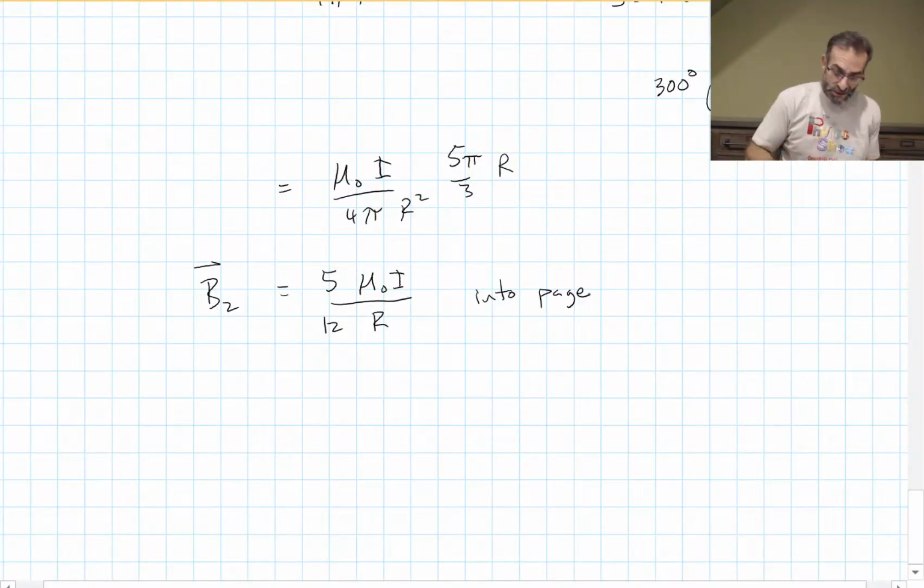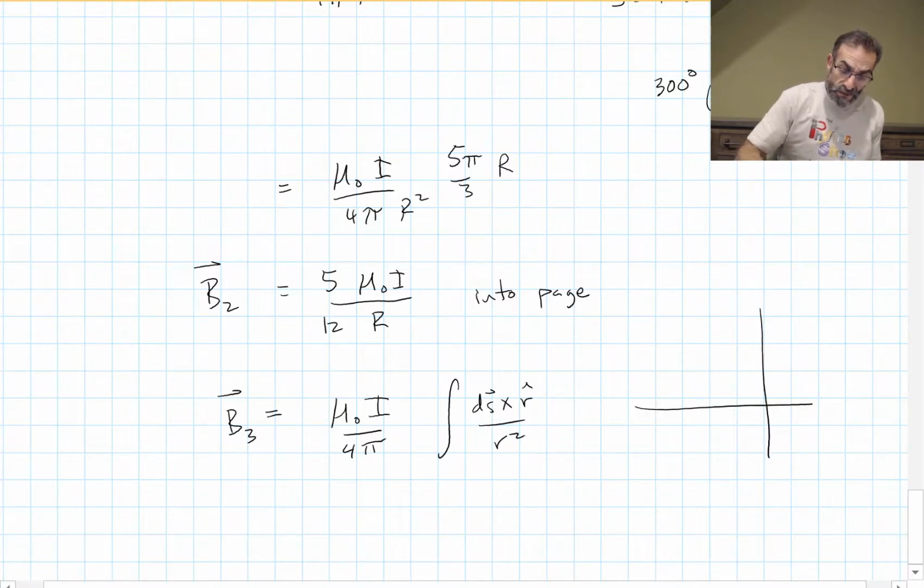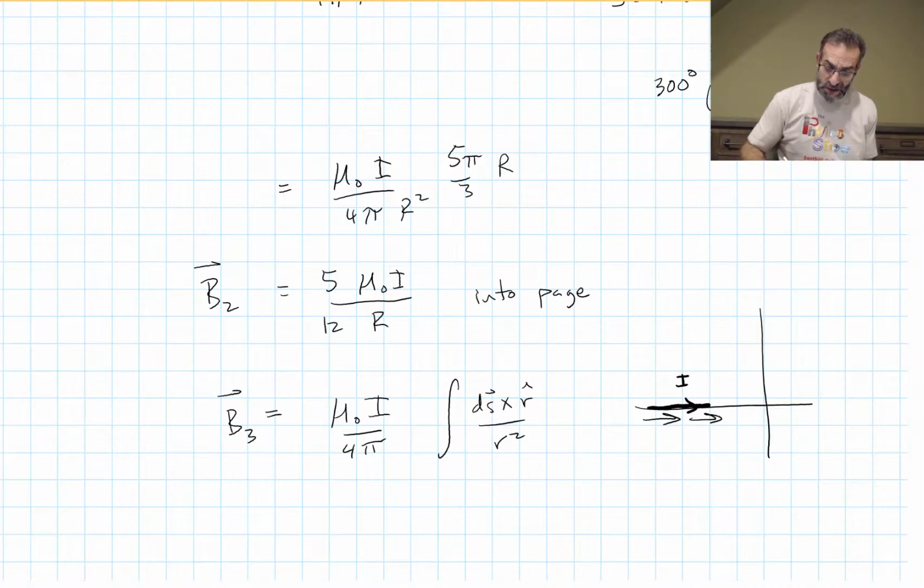We have one more, B3. Along this segment, our ds points toward the origin, and our r points toward the origin.